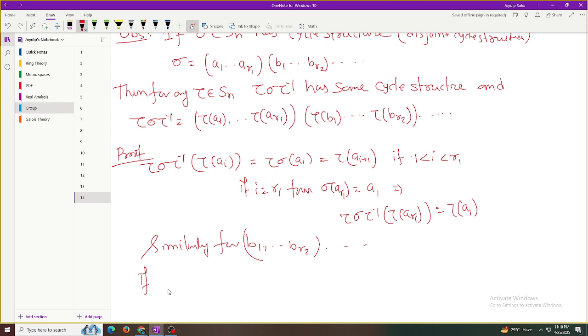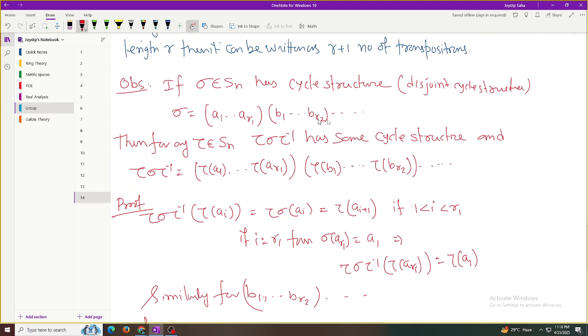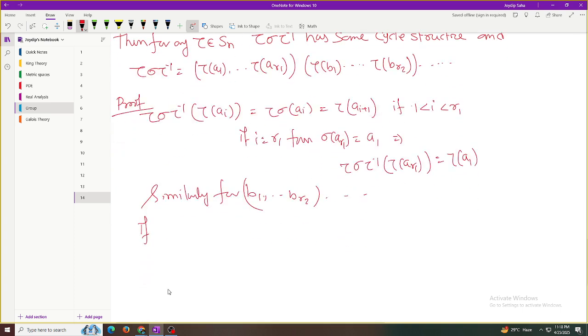If some elements are not in the union of a1 to ar, b1 to br2, that means some element j belongs to 1 to n fixed by sigma, that means sigma j equals j, then what happened?